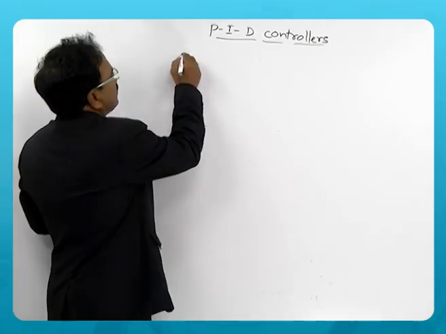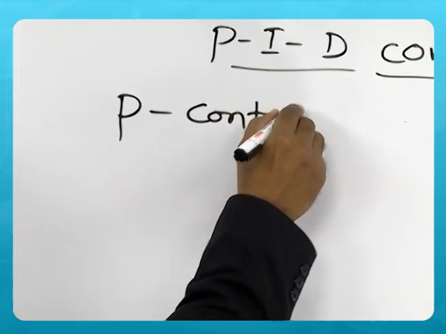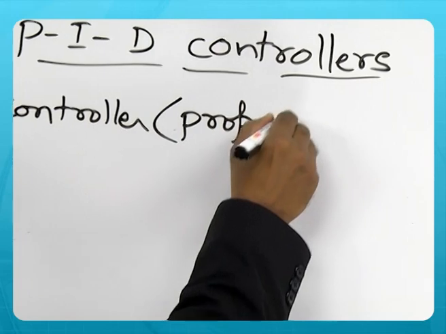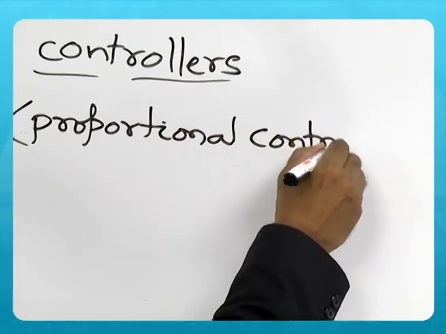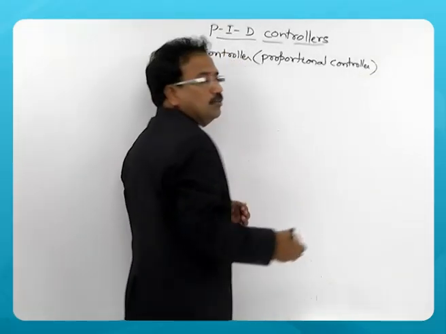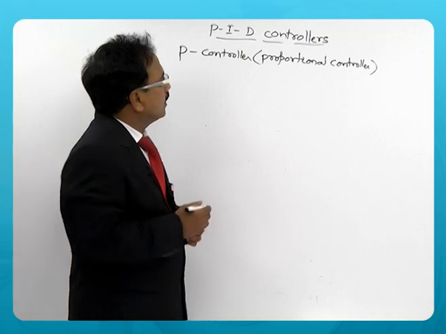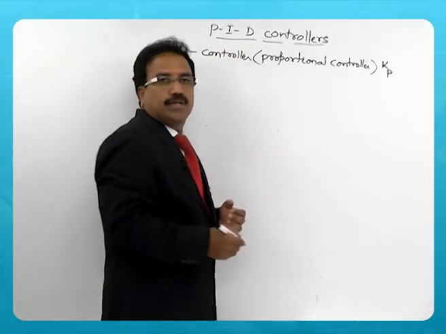Let us consider P controller alone. This is nothing but proportional controller. So, the output of this controller is proportional to the input signal and it is represented by Kp.